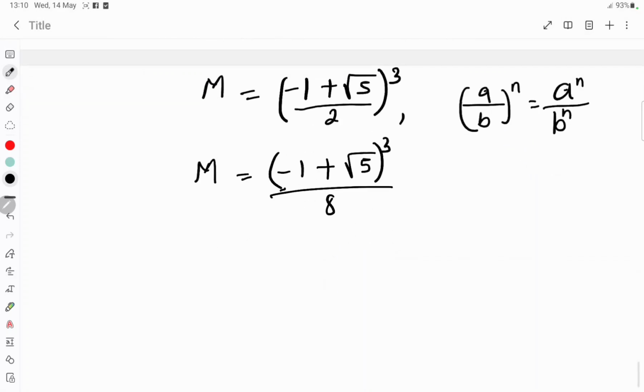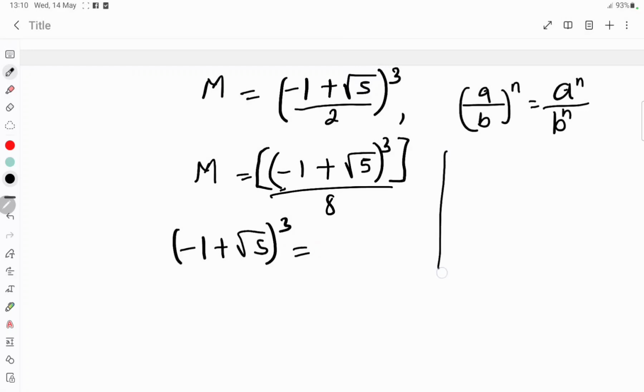So that we can simply use binomial theory to simplify the numerators. In that case, for us to simplify the numerators, let's take it separately: (-1 + √5)^3. How does it look like? We make use of binomial or Pascal's triangle.